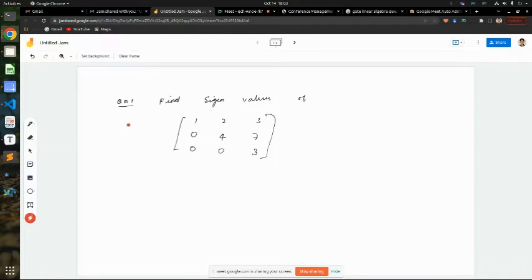In this question, we are given a 3 cross 3 square matrix, and for this matrix, they want us to find the eigenvalues. This is the upper triangular matrix, and in the previous class, we saw what an upper triangular matrix is in the context of solving systems of linear equations.